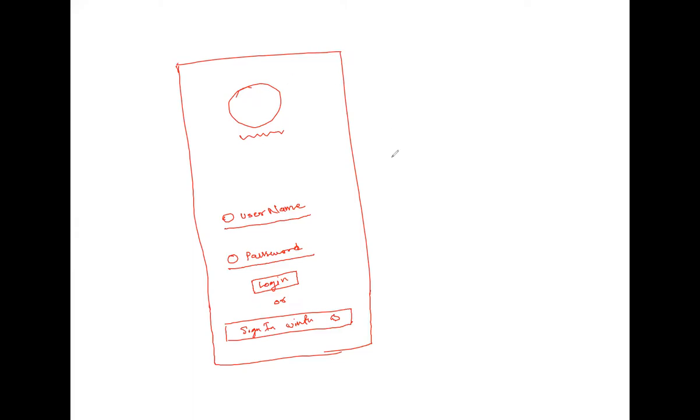Okay, now the question is how. So we know this is something called VStack. And after that, if this is the image and this is the text, we combine these two, and this will be called HStack.